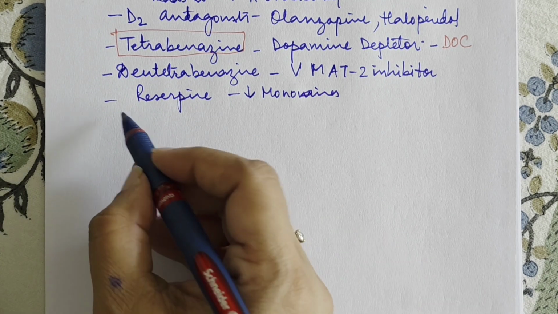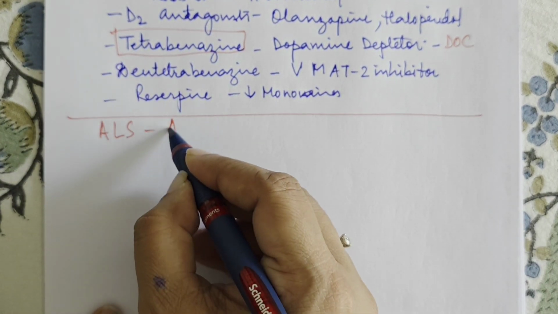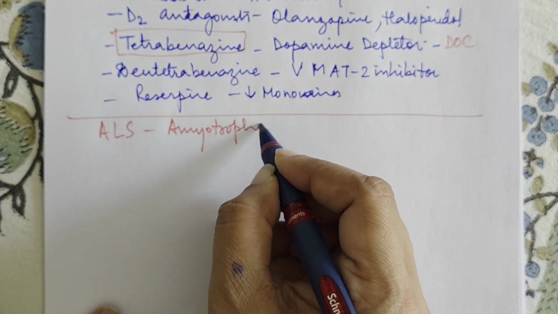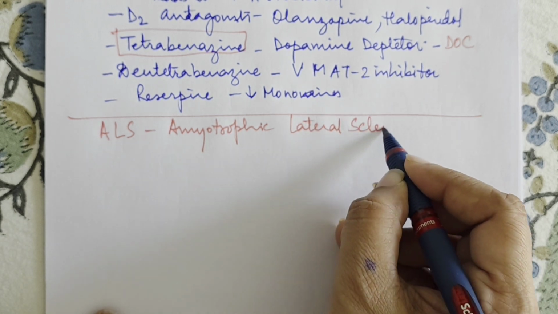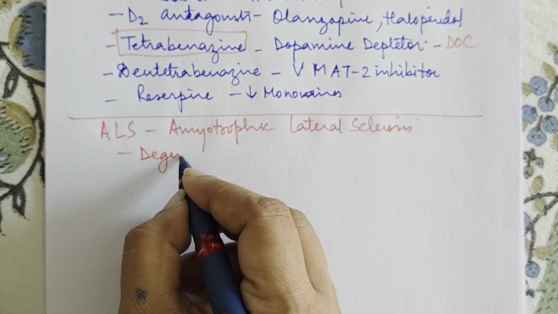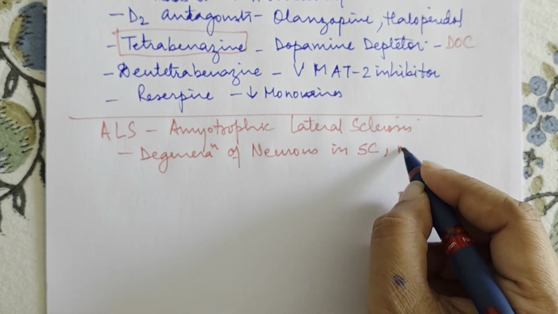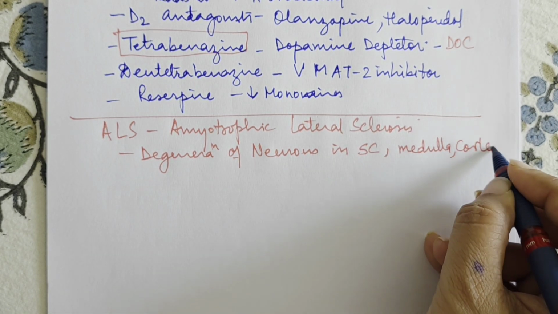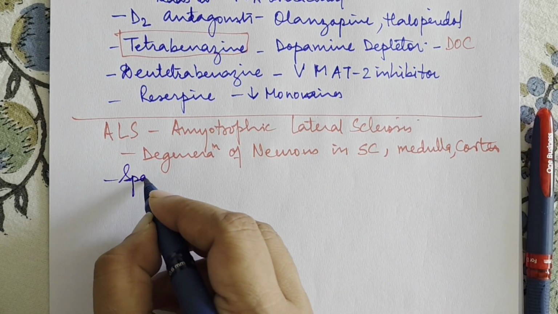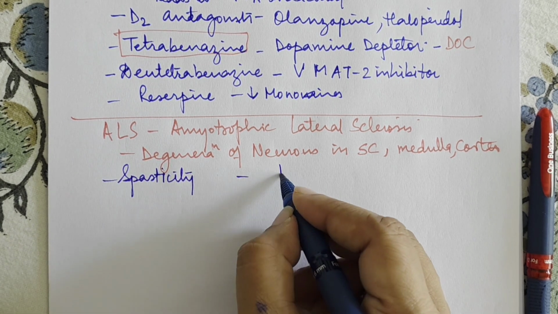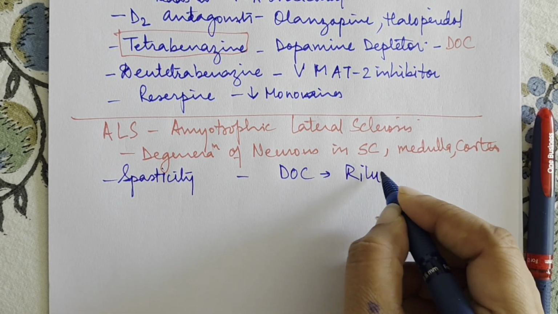Okay. Then there is a disease called ALS or amyotrophic lateral sclerosis. Now amyotrophic lateral sclerosis is because of degeneration of neurons in spinal cord, medulla and cortex. And spasticity is seen. The drug of choice is riluzole.